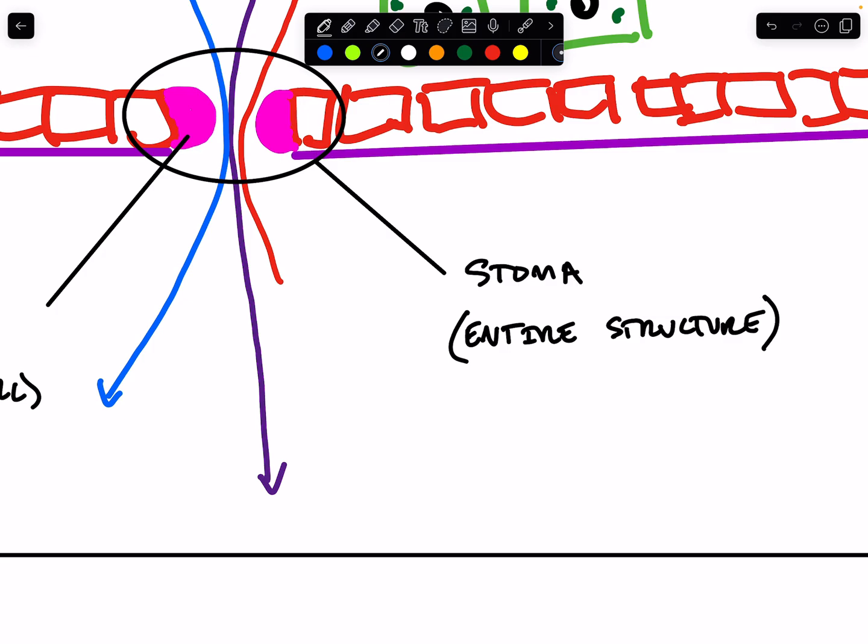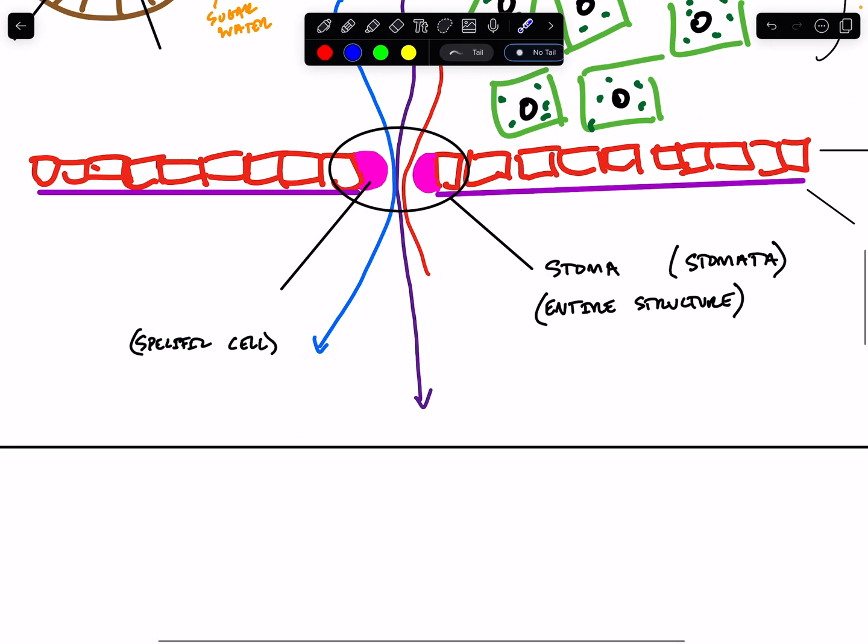That's singular. Plural would be stomata. The stoma is this entire circle right here. It's this gap that is letting gases come into or out of the leaf.